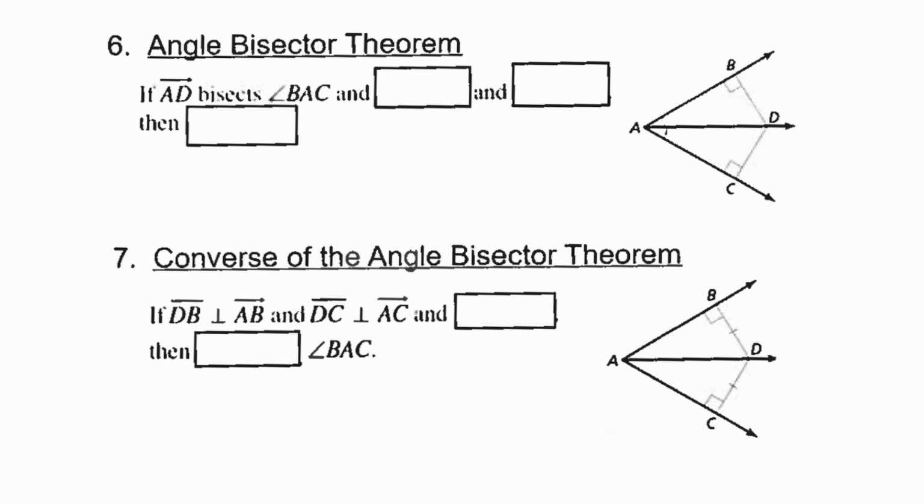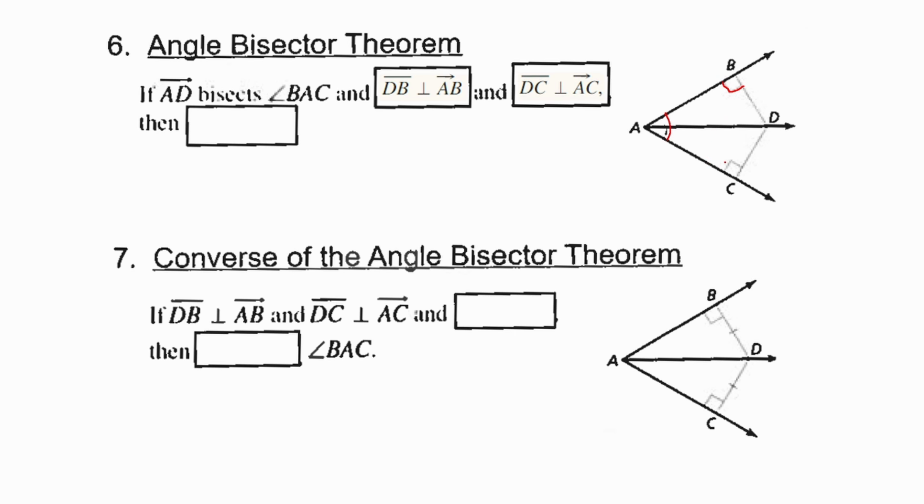The angle bisector theorem states that if AD bisects angle BAC, and a reminder, angle BAC is this angle right here. Let's grab my pen again. Angle BAC is this angle here in red. We need some other things though. It says and BD, or DB rather, that segment is perpendicular to that ray AB, so this needs to be true.